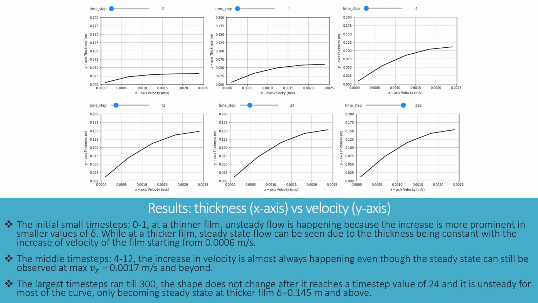The largest time steps ran till 300, and the shape does not change after it reaches the time step of 24. And it is unsteady for most of the curve, only becoming steady state at a thicker part of the film, which you can see in the above graphs at 0.145 meters and higher.